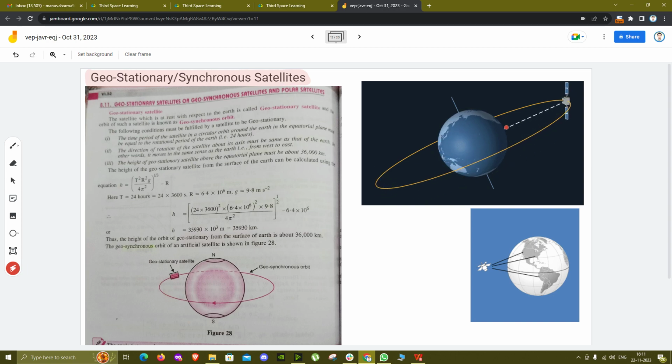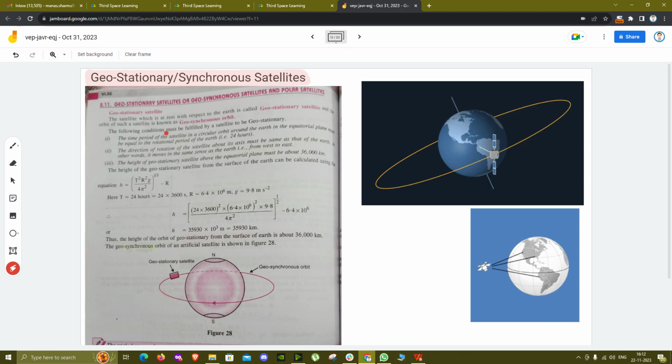So at the point here, let's say there's a country called Chile. So here, Chile has launched a satellite in the Earth from their station. So in this condition, you can see that from that point of the country, the satellite will seem to be at rest, although both Earth and satellite are moving.